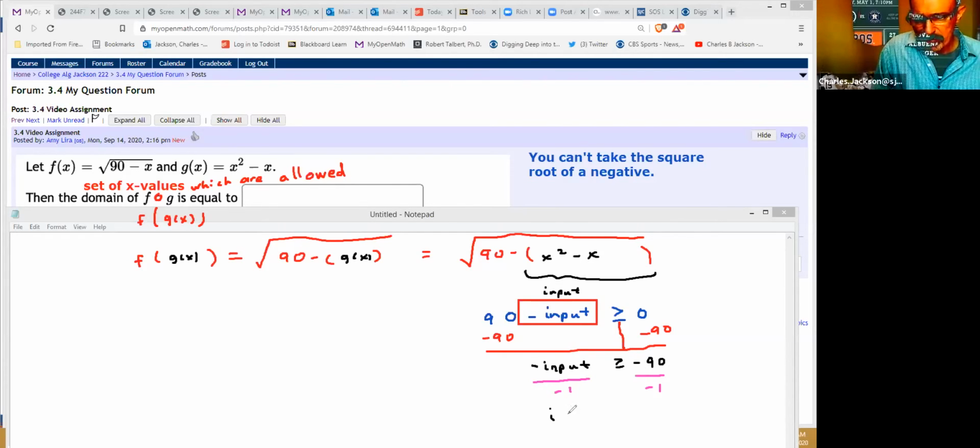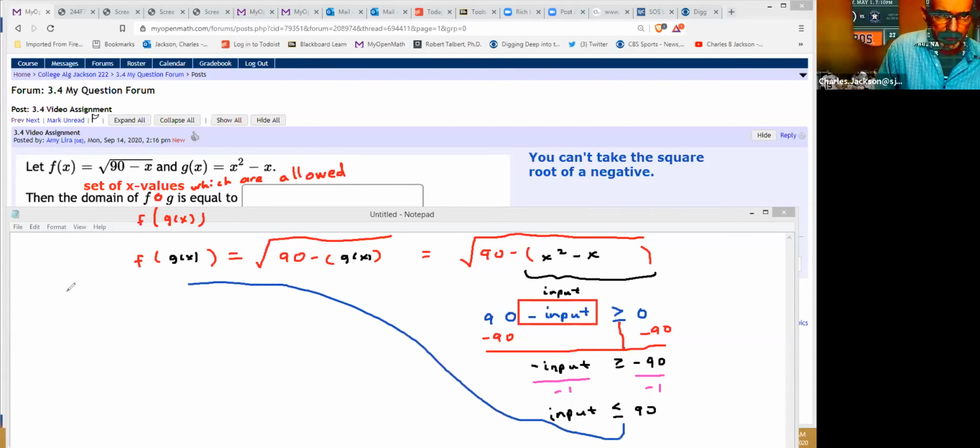If you divide both sides by a negative, you have to flip the inequality symbol. Input less than or equal to 90. What is the input? x squared minus x. x squared minus x less than or equal to 90.